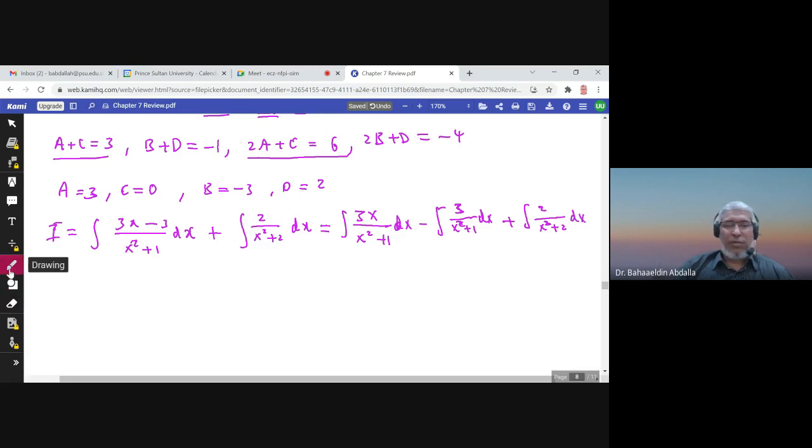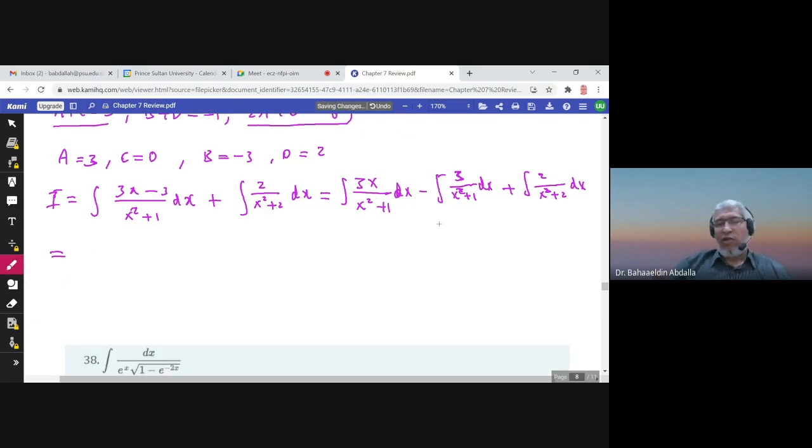All right. So now the answer would be, for the first integral, I can take u equals x squared plus 1. So if you take u equals x squared plus 1, I need 2x, so I will have 3 over 2 outside. And this would be du over u. And the integral would be ln u, or ln absolute value of x squared plus 1.